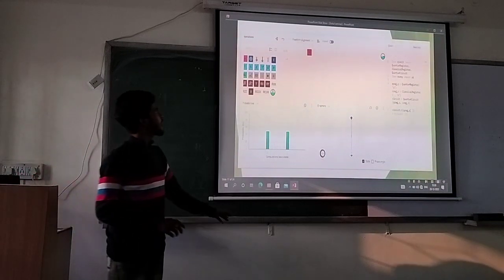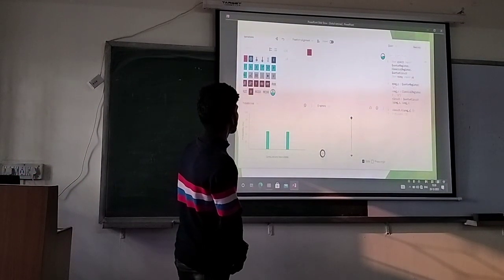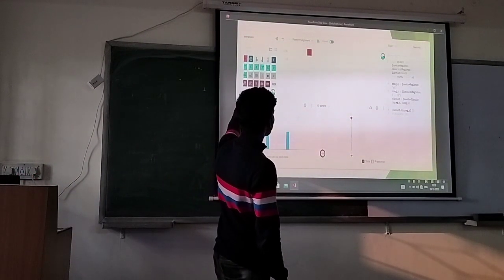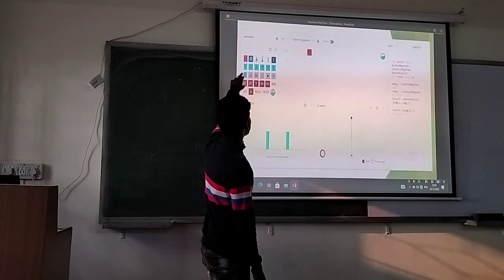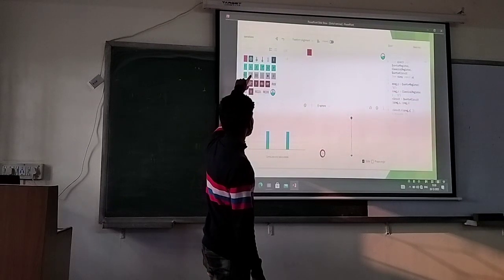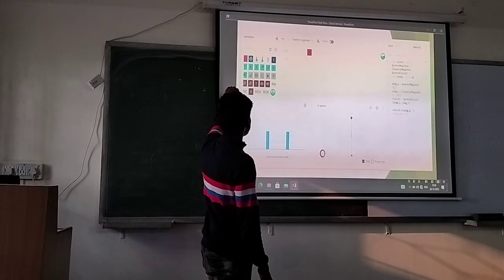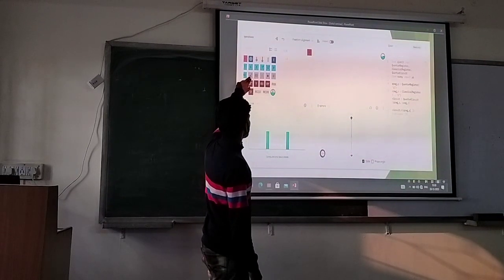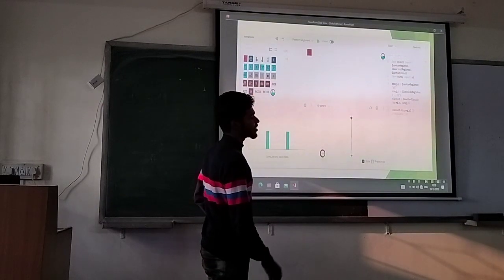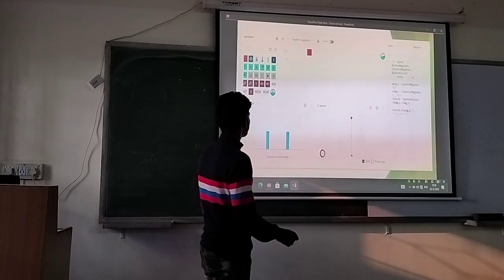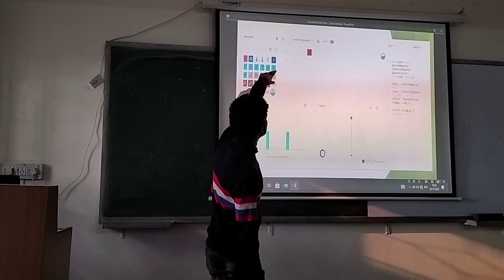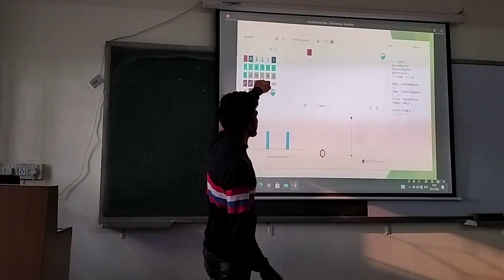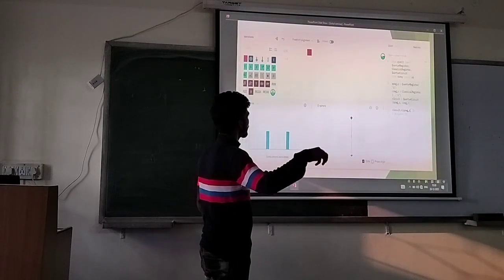This is the screenshot of my IBM ID, the IBM Quantum Lab, where this is the Hadamard gate, this is the S matrix and this is the Z matrix. This is the oracle which is used to measure the state, and here Q0 is given, and C4 is the classical channel where we get the output result.